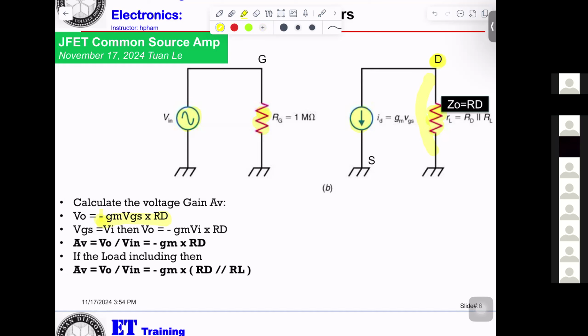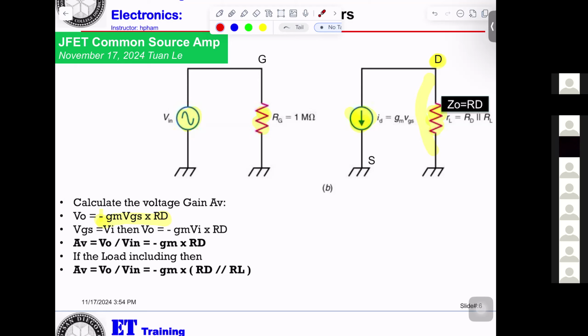You know Gm times VGS is the current source from the drain to the source. They show you right here. Why do you get a minus sign? Who can tell me? How come you get a minus sign?